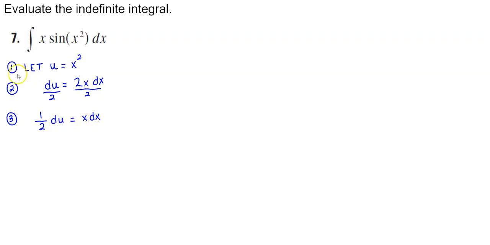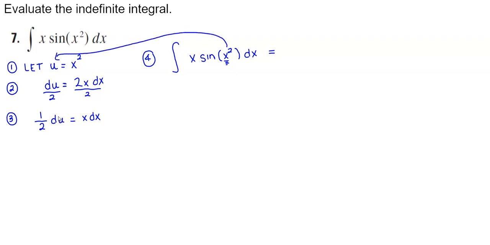Okay, so now let's go ahead and rewrite the original question. So we have the integral of x times the sine of x squared dx. Okay, so what do we know? We know that we can substitute this x squared with u.